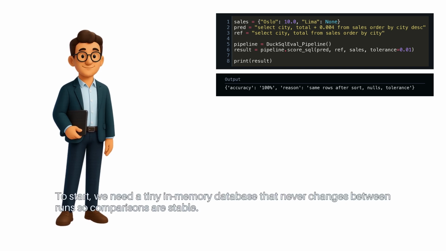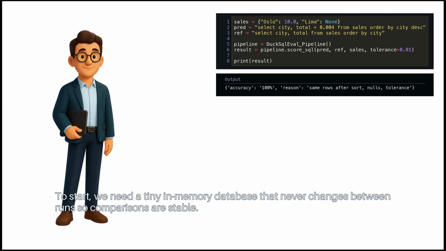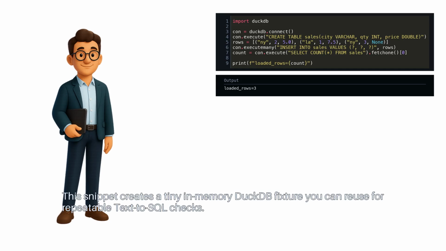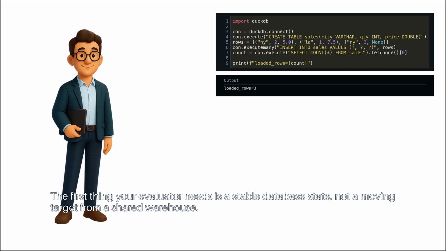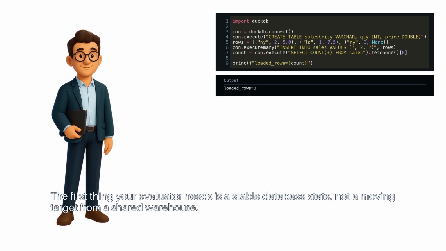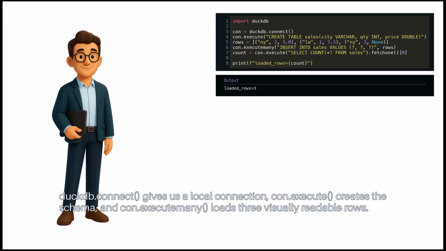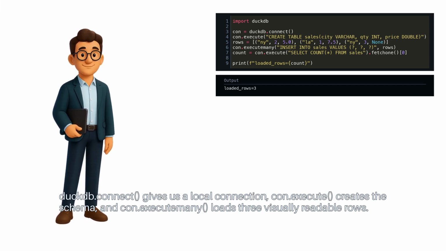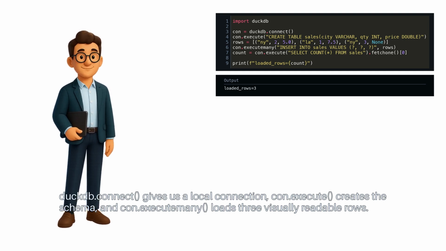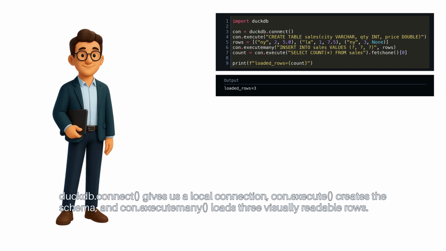To start, we need a tiny in-memory database that never changes between runs, so comparisons are stable. This snippet creates a tiny in-memory DuckDB fixture you can reuse for repeatable text-to-SQL checks. The first thing your evaluator needs is a stable database state, not a moving target from a shared warehouse. duckdb.connect gives us a local connection. con.execute creates the schema, and con.executemany loads three visually readable rows.